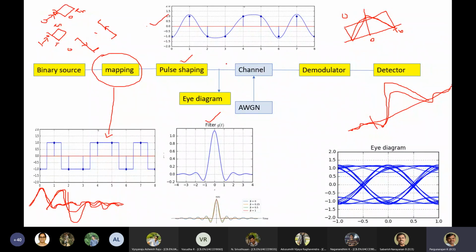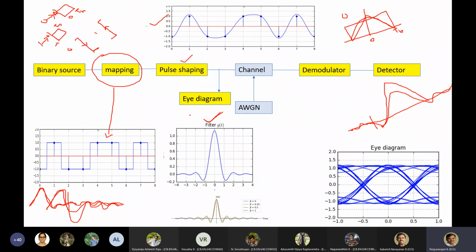This one is for any specific pulse, and this one for the entire information given here. That is something around 10 bits I took. For the 10 bits, when I put everything together, all the effects, first symbol effect, second symbol effect, third symbol effect, I will get something like this.